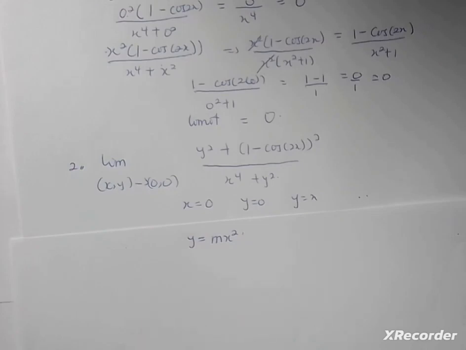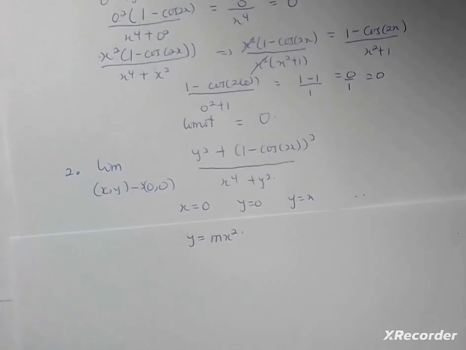The reason is, as I said, in a multivariable function, if you want to test for limits, wherever you come from to that point should give you the same value. So what we're going to do is, you have to take a line or a curve. So when you find the limit as that line is approaching your function, you should get the same solution. Then you can conclude that the limit exists.